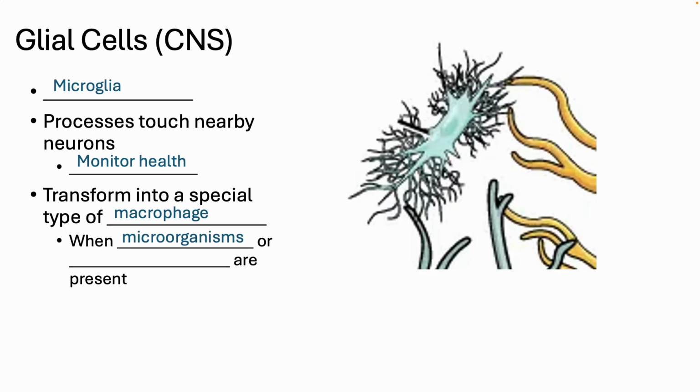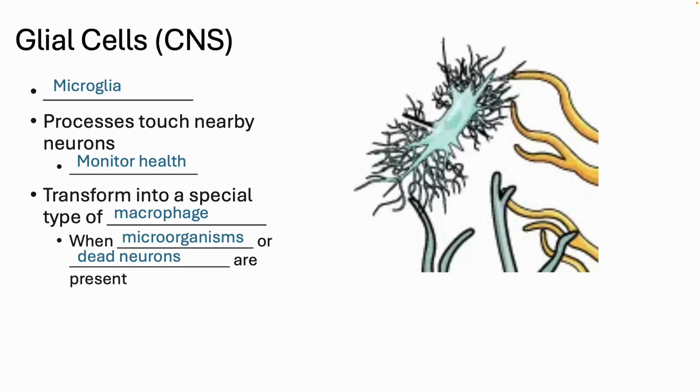This happens when microorganisms or dead neurons are present, and then they will phagocytize these organisms. So they play a protective role in the central nervous system because the cells of the immune system have very limited access to the central nervous system.